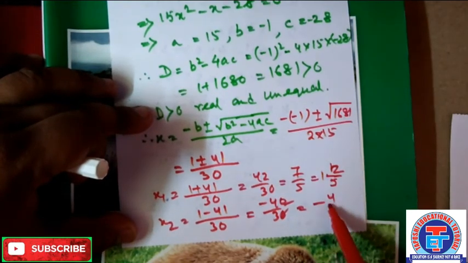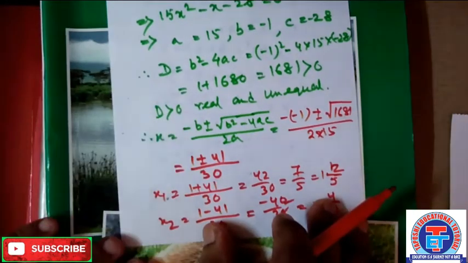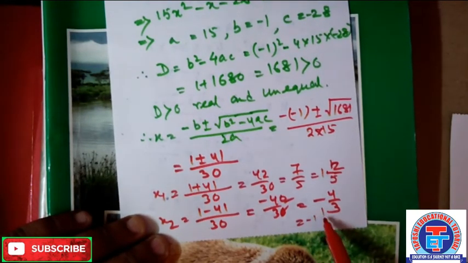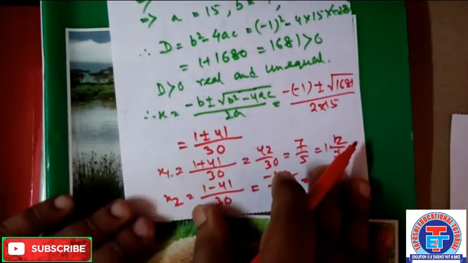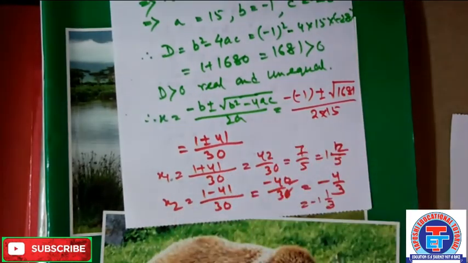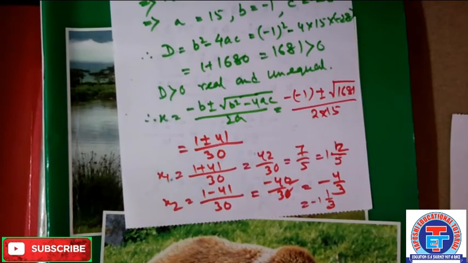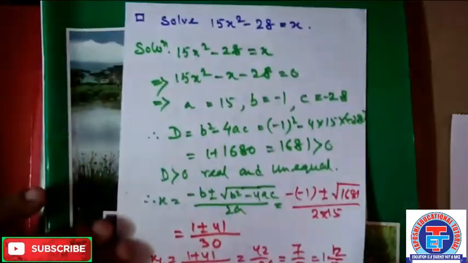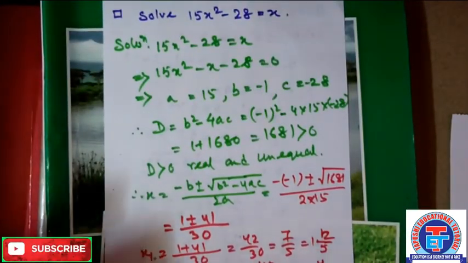It became minus 4 by 3. Right, that means minus 1 whole 1 by 3. Okay, so therefore x is equal to 1 whole 2 by 5 and minus 1 by 3. Right, so it is real but unequal. Hope you clearly understand regarding this problem and their solution.